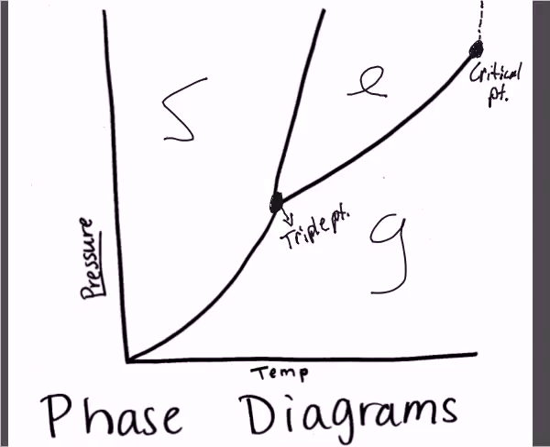Solids, guys, what you want to remember with solids, all right, they have a higher pressure and a lower temperature. That should make sense, right? Because those particles are going to be densely packed together, and they're not going to be moving as much. Lower temperature means they're not moving as much. Higher pressure means they're closer together. Liquids are going to have a higher pressure and a higher temperature.